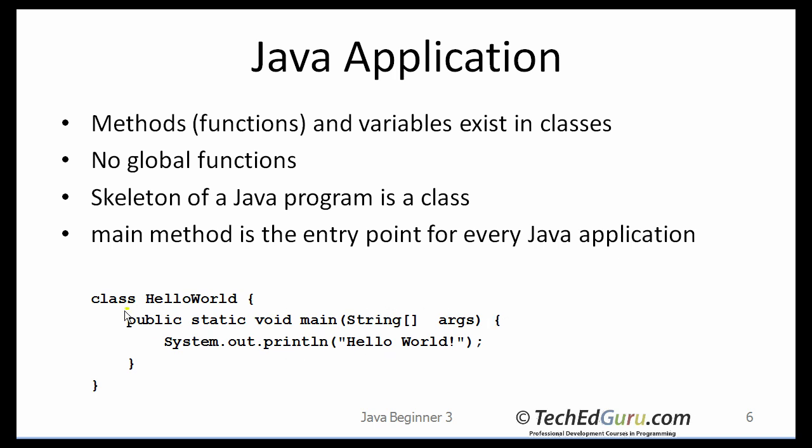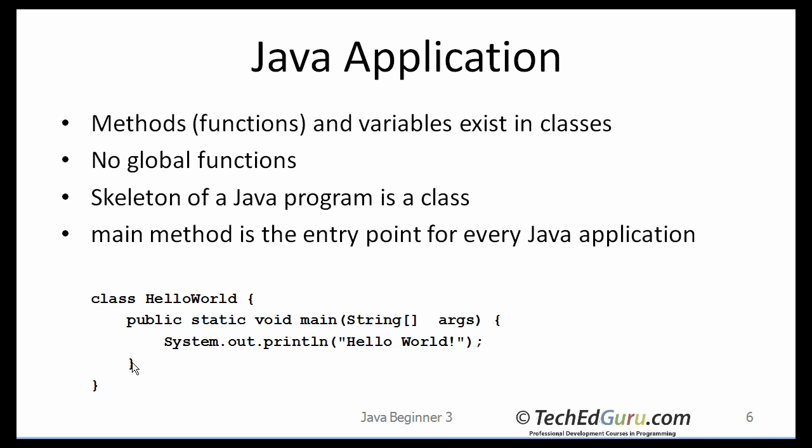We'll talk more about what that really means, but the function must be public, static, it must have void as the return type, that's how the name should be spelled, and it could optionally accept command line arguments. This is where the function begins, this is where the function ends.